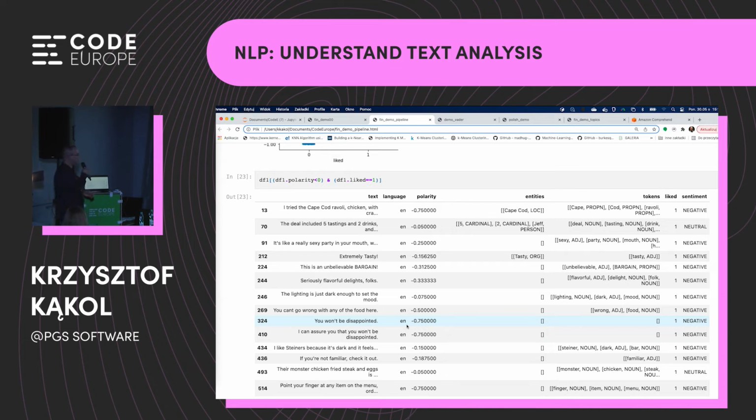So we have to be careful here. Or sentence number 324, you won't be disappointed. The sentiment detected was minus 0.75, and I can tell you that Comprehend said the sentiment is plus 0.99. So this is completely different. This has a completely different interpretation.